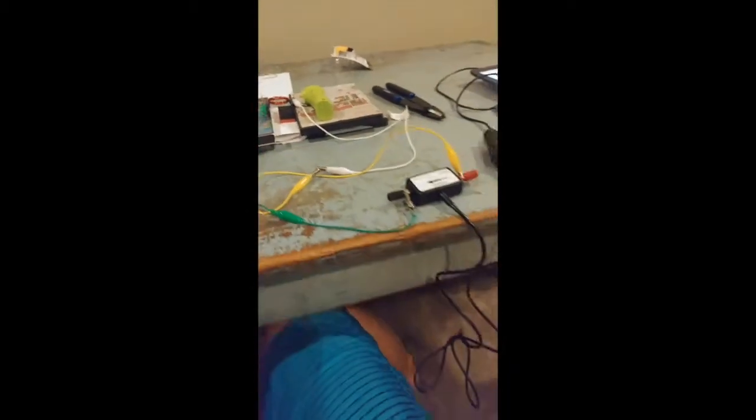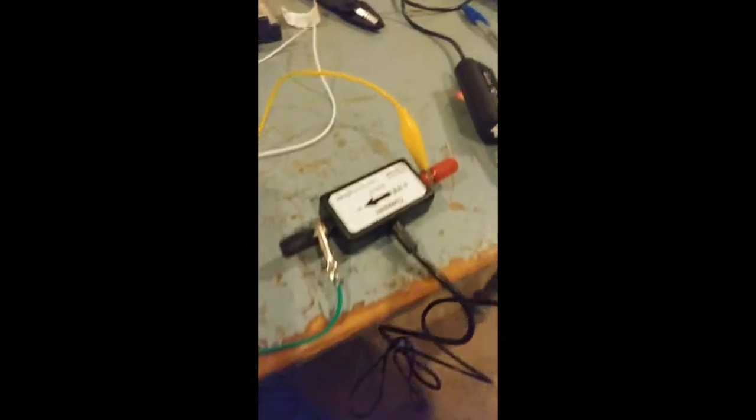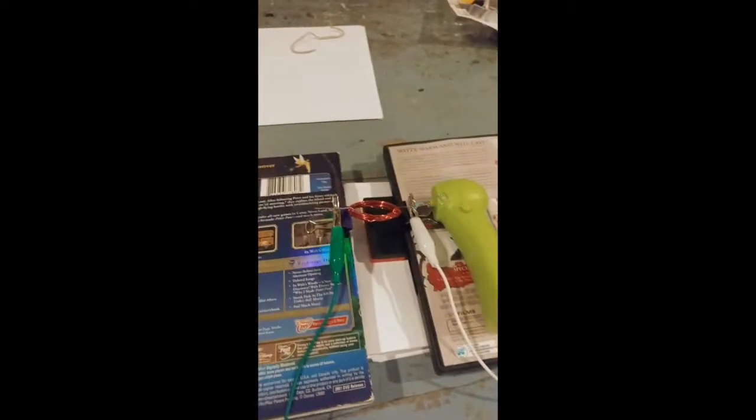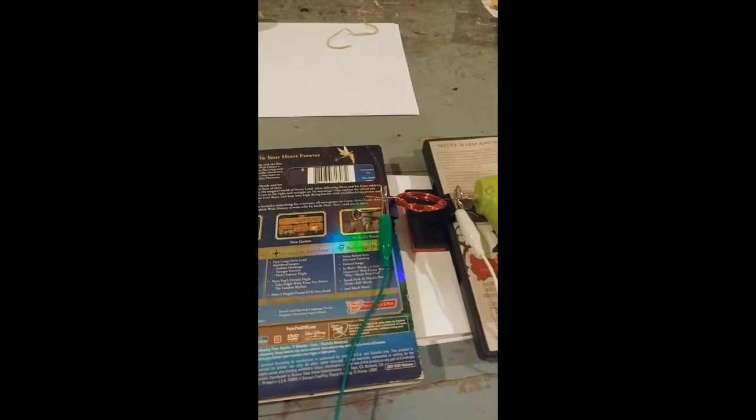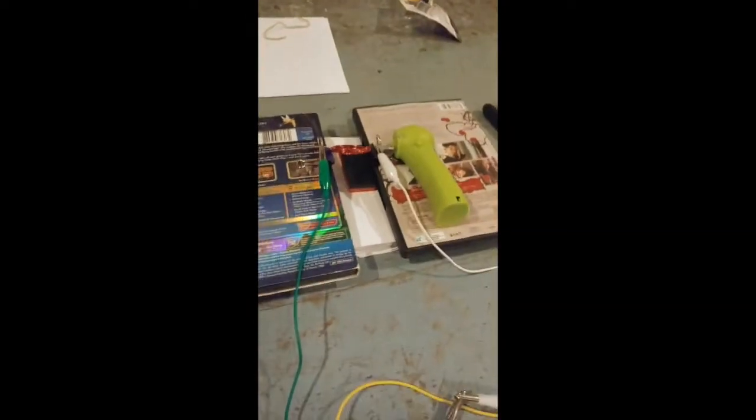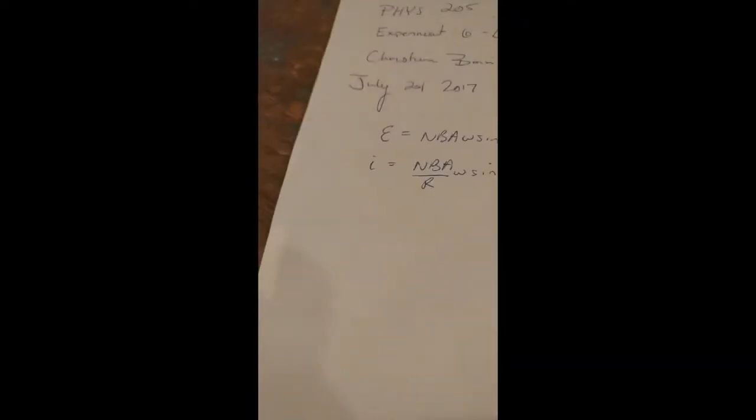I'm also using a current sensor, as we are going to try to read the alternating current response off a very simple generator. You want the magnets pretty close together so that you maximize the magnetic field and therefore get the highest current reading possible. As seen here, a bigger magnetic field corresponds to a higher current.